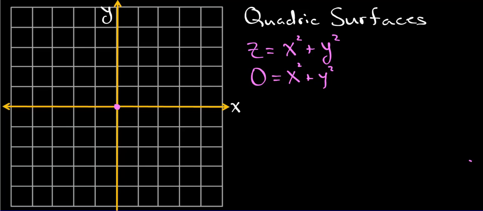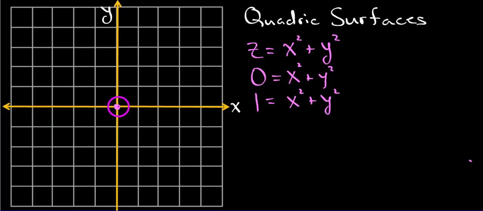Now, let's back up a little bit. Suppose you're standing above the xy plane at z equals 1. Well, what do you have now? x squared plus y squared equals 1. On this plane, z equals 1, what does the shape look like? Well, you have a circle, clearly, right?